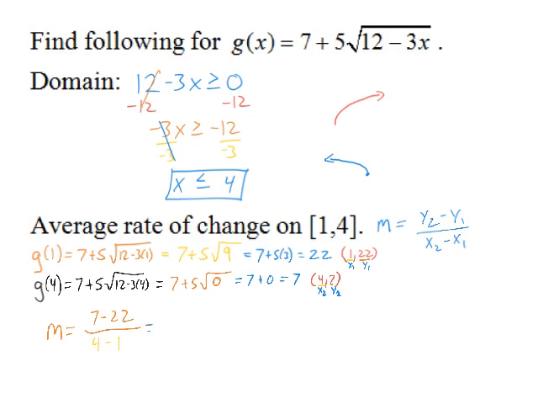When we simplify that, it looks like we have negative 15 over 3, which reduces to negative 5. So my average rate of change on this interval would be negative 5. If you think about it, remember my graph looks like this? Isn't it always a decreasing slope? So shouldn't it be negative? So the slope along this picture I have here is negative 5 from 1 to 4.